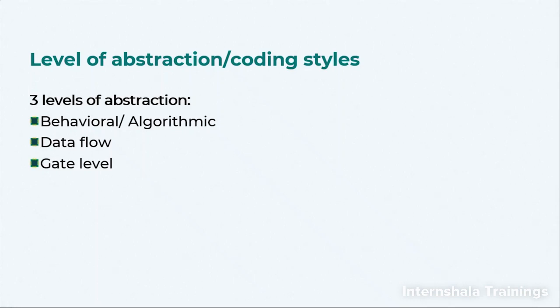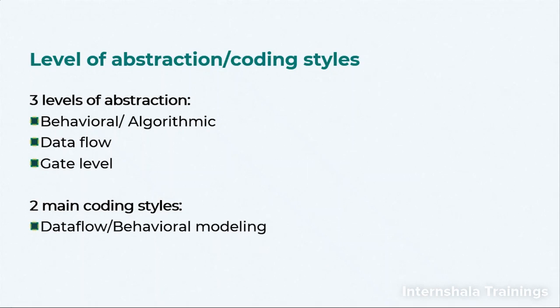When it comes to coding, we merge the first two and name it Dataflow or behavioral modeling. That means using these two styles, if we code, that is one common style, and the second style is gate level modeling. So broadly speaking, we'll be talking about these two coding styles, Dataflow or behavioral, and gate level modeling.